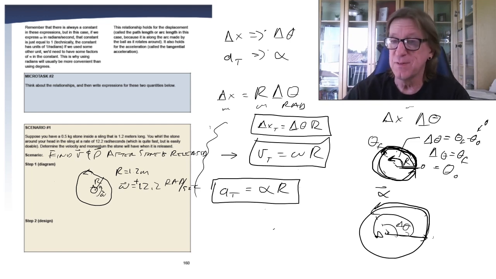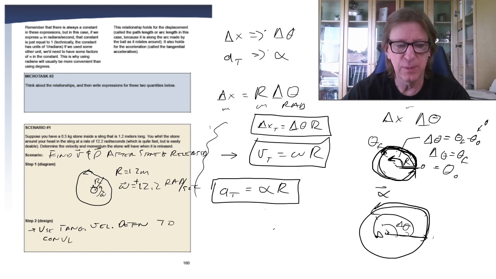First of all, we've got to find that tangential velocity. So we will use the tangential velocity equation, definition really, to convert our angular velocity to our tangential velocity. This is equal to the velocity after it's released.